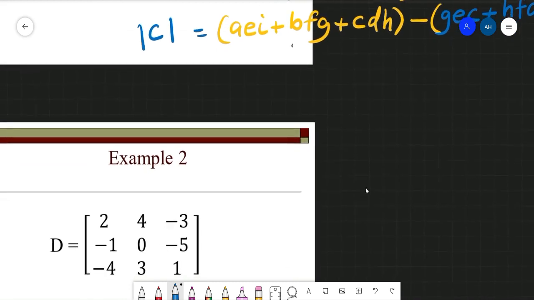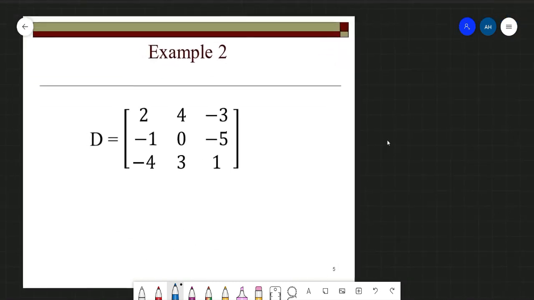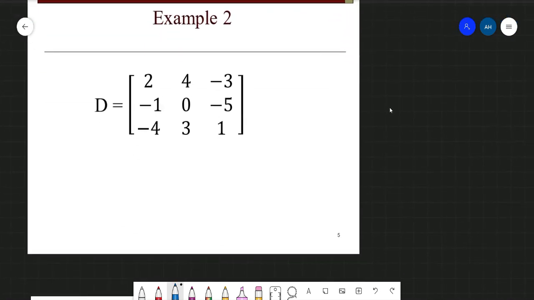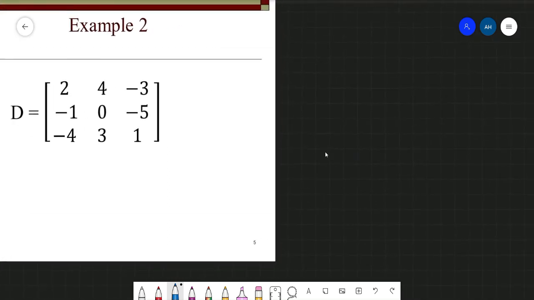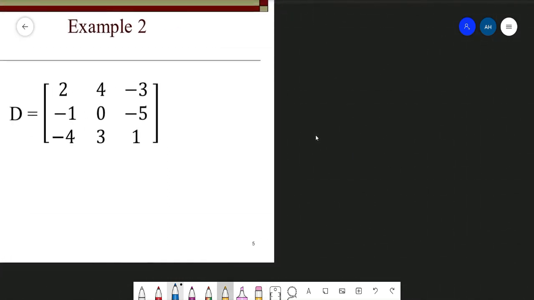Maybe we can clarify that formula by using this example here. We are given matrix D equal to, you can read it in terms of rows: 2, 4, -3, -1, 0, -5, -4, 3, and 1. The question is, we want to find the determinant of matrix D. So maybe we can do the calculation on the right hand side over here.